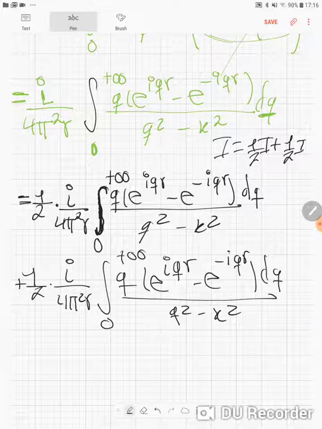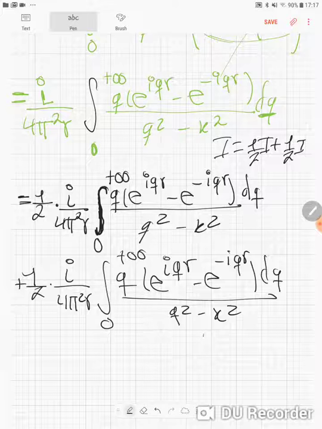Now, here's the trick. If we change q to minus q in this integral, nothing is going to happen. And when I say nothing is going to happen, I mean nothing. Okay?